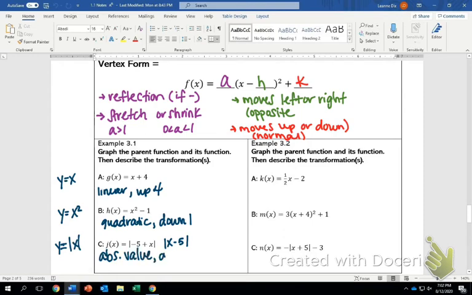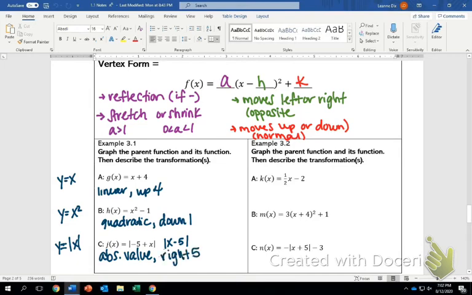And I see we have a -5 within the absolute value symbols. And because it's within our grouping symbols, I'm going to treat it like H, where it goes left or right. And I will do the opposite of what it says. So it says go to -5, which is on the left. But that means, because it is in the H position and I have to do the opposite, that this is actually going to move to the right 5.